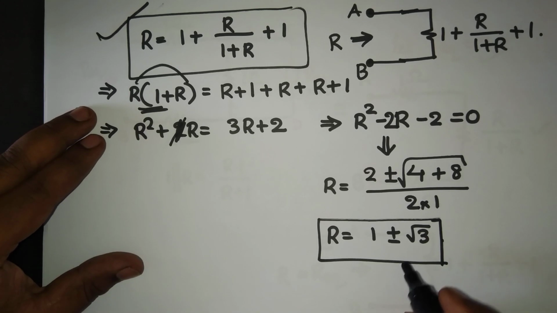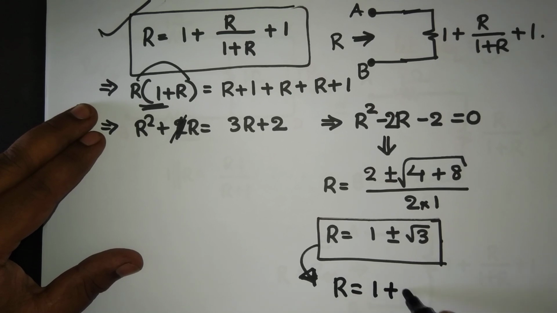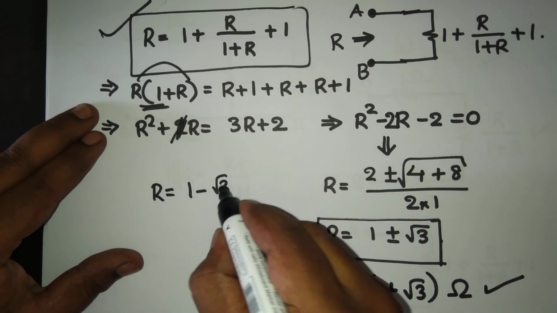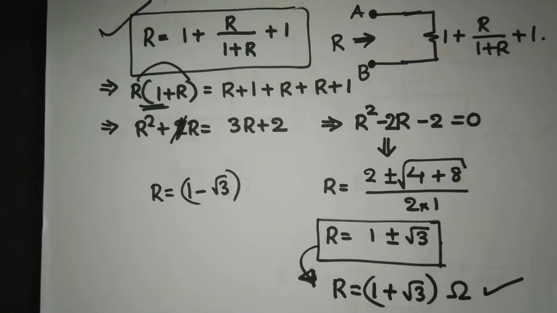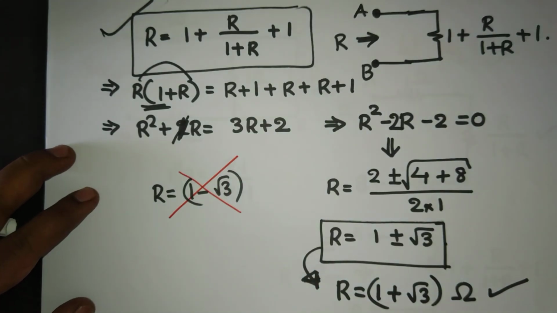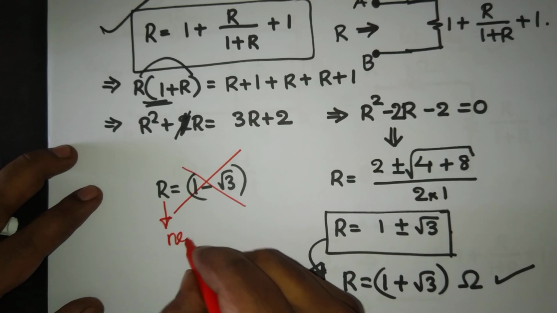From this, who will win the race? R equal to 1 plus square root of 3 ohms will win the race. Why? Because R equal to 1 minus square root of 3 is not possible. In this case we get R equal to a negative value.